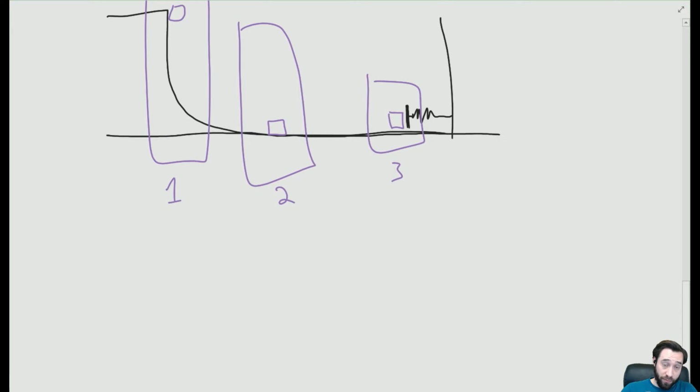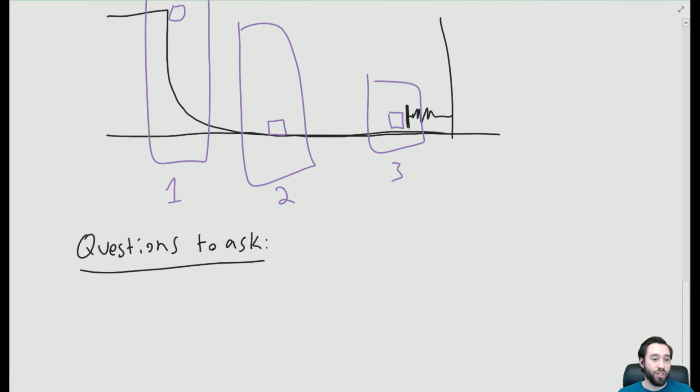And this is going to be the very last thing, and then I'll let you guys go for the day. So these are the questions that you ask yourself to figure out what energy is present.